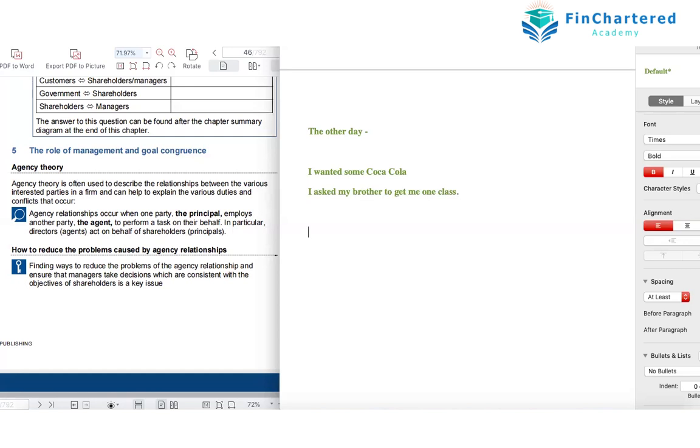So here what is happening is the agent is my brother because he is supposed to get the Coca-Cola on my behalf. And the principal is me. And there is a small agency relationship between us where he is doing work on my behalf. To my surprise, for a very long time, he had not come. I'm waiting.